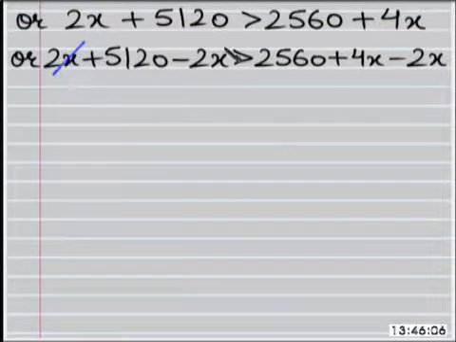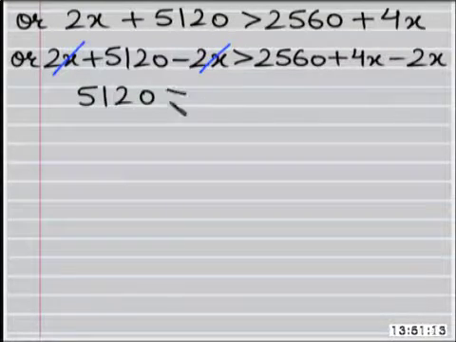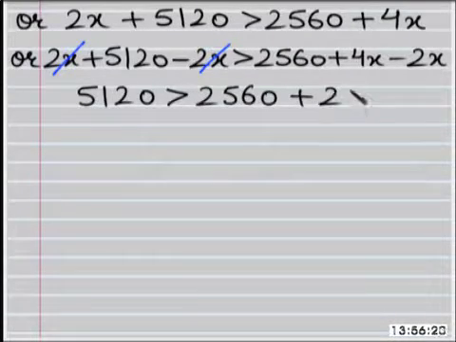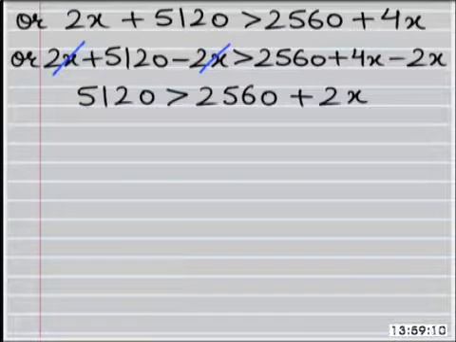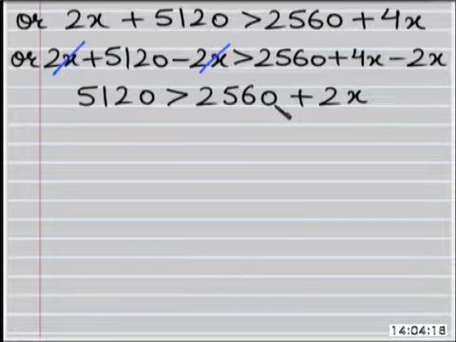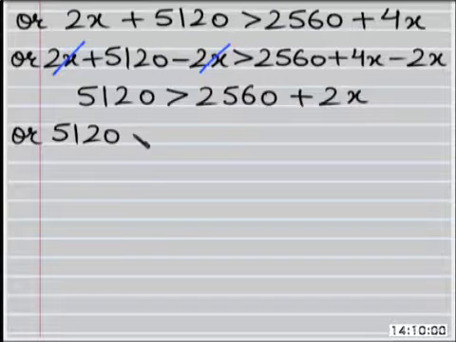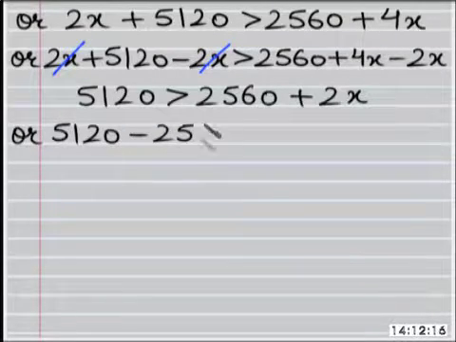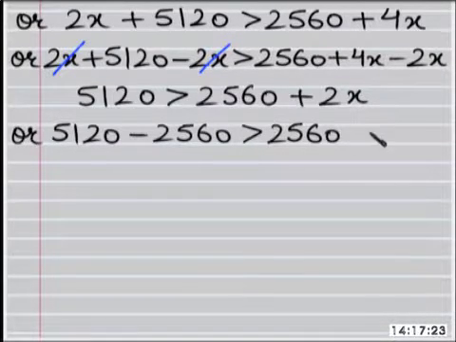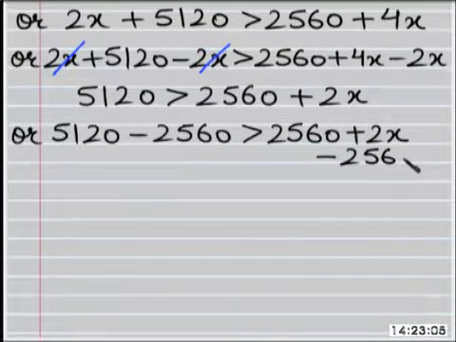On solving it, we get 5120 is greater than 2560 plus 2 into x. Subtracting 2560 from both sides, we get 5120 minus 2560 is greater than 2560 plus 2 into x minus 2560.